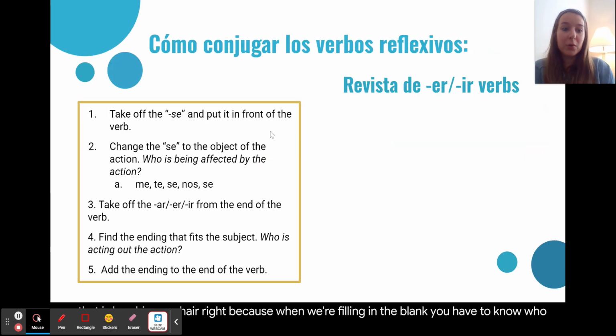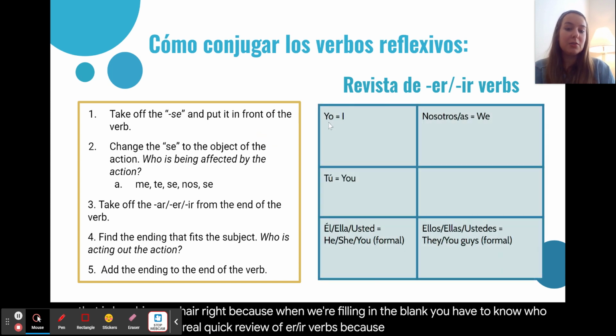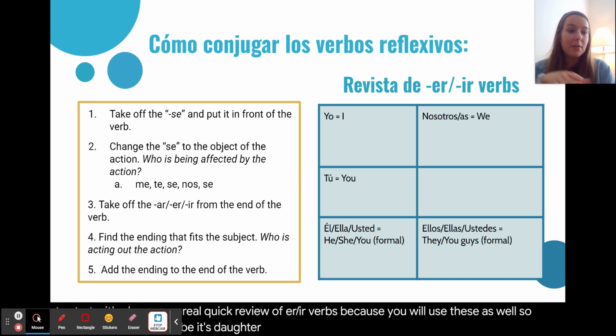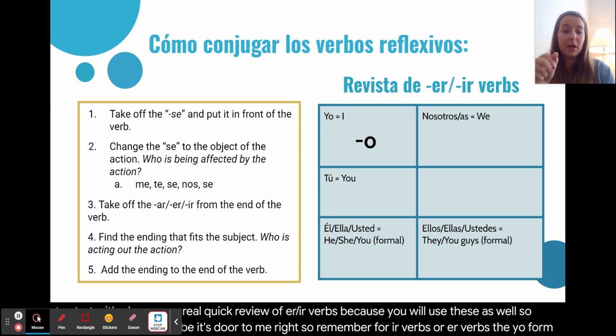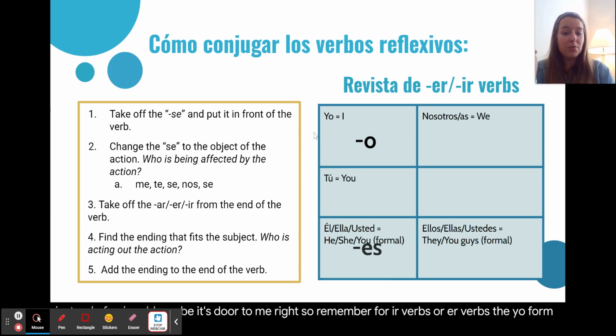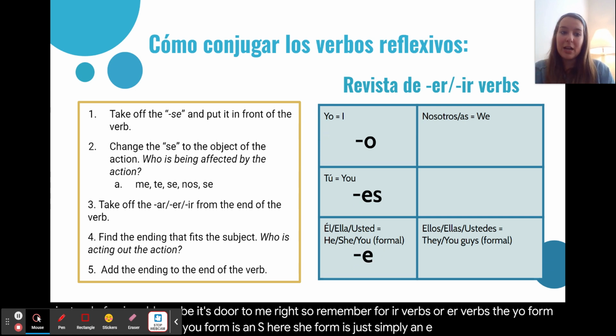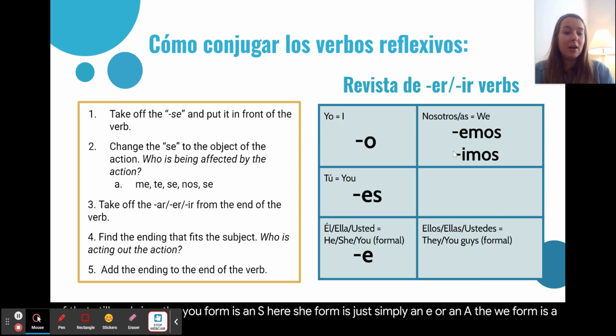Okay, now a real quick review of ER, IR verbs because you will use these as well. So instead of peinar, maybe it's dormir, right? So remember, for IR verbs or ER verbs, the yo form of that still ends in O. The tú form is an es. The he or she form is just simply an e. The we form is emos if it's an ER verb or imos if it's an IR verb.